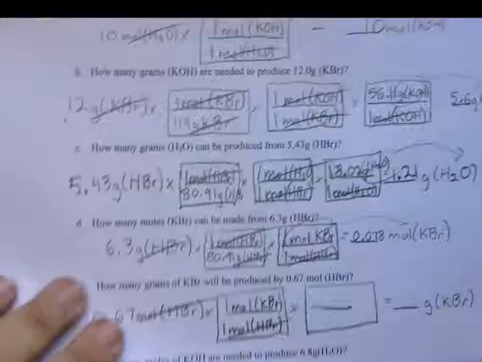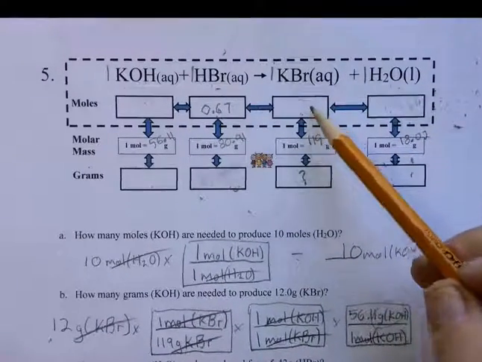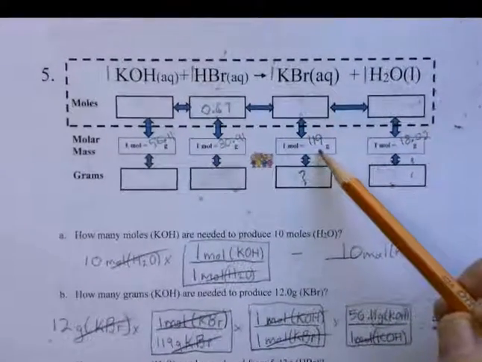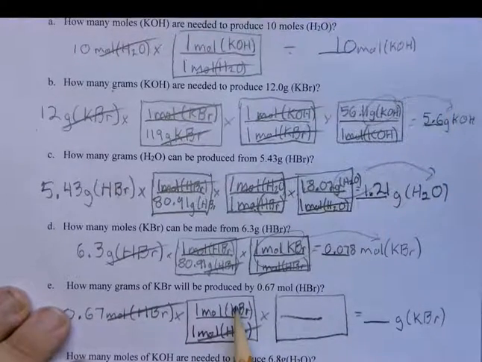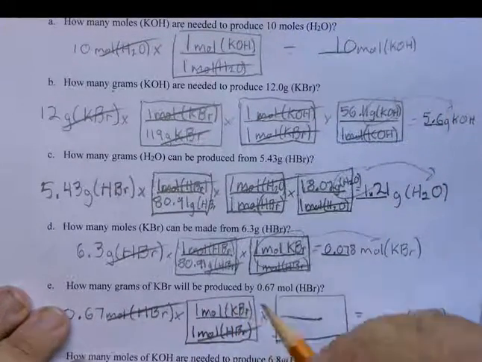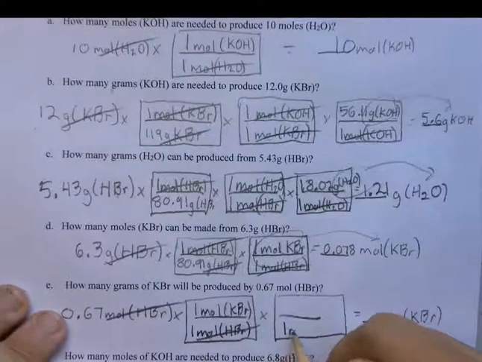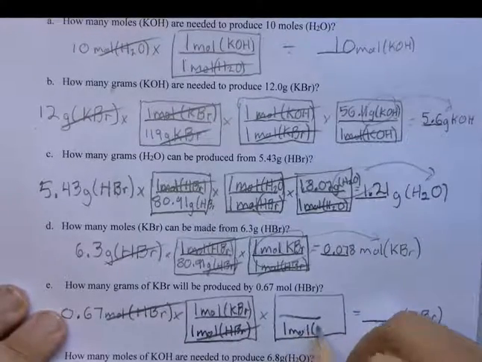Okay, now we have to go from moles of KBr out to grams using molar mass. So it's 119 grams KBr over 1 mole KBr, or 1 mole KBr over 119 grams of KBr. Since we have moles of KBr on the top here, we have to have it on the bottom here. It's a molar mass, so it's always 1 mole.